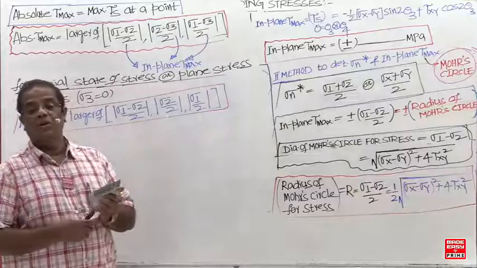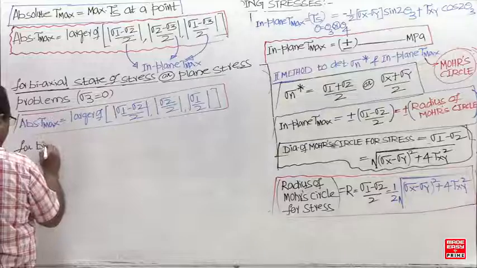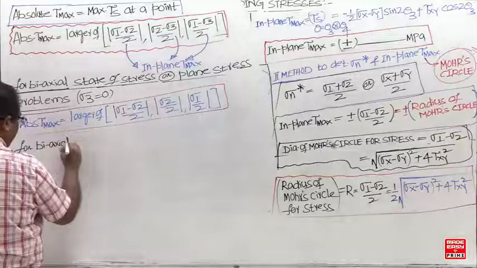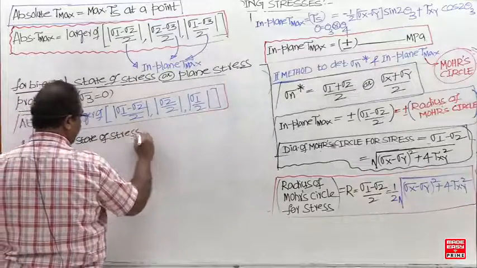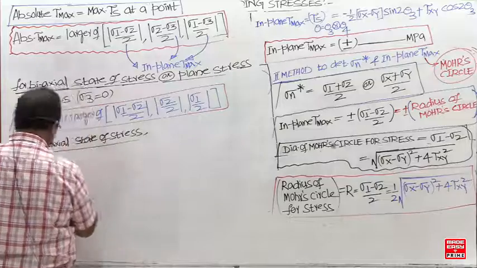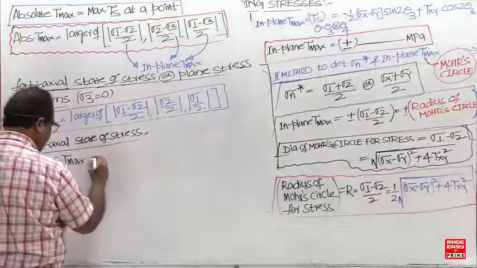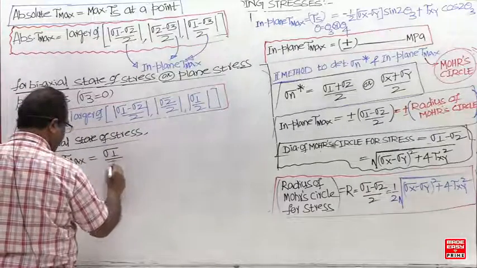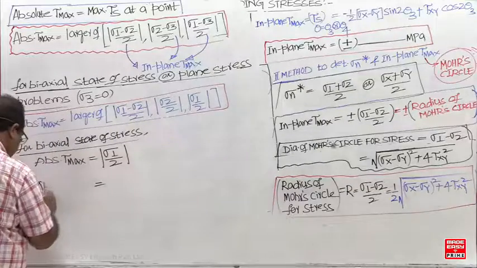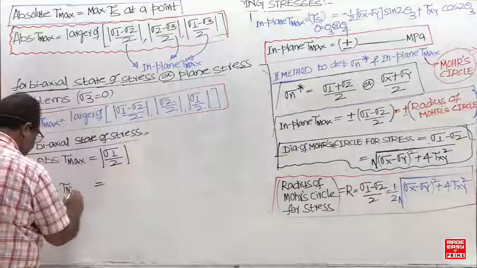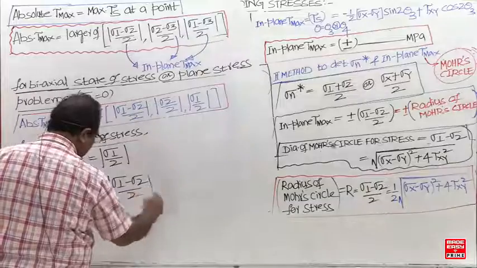So absolute tau max, in case of a biaxial state of stress, is directly equal to sigma 1 by 2 or sigma 1 minus sigma 2 by 2.